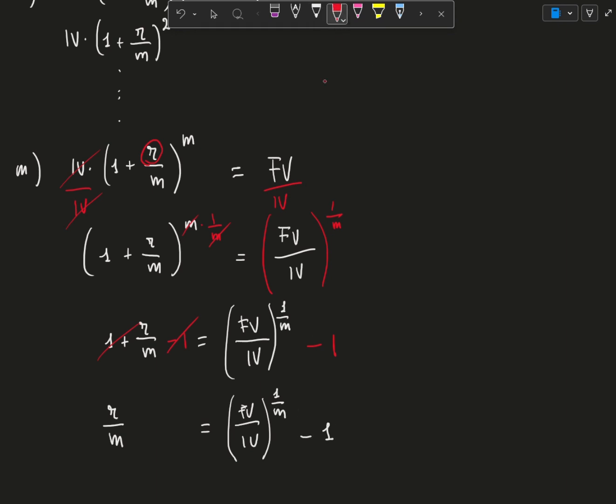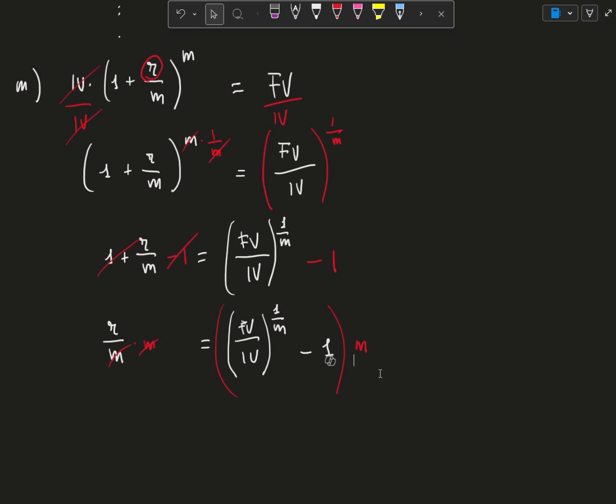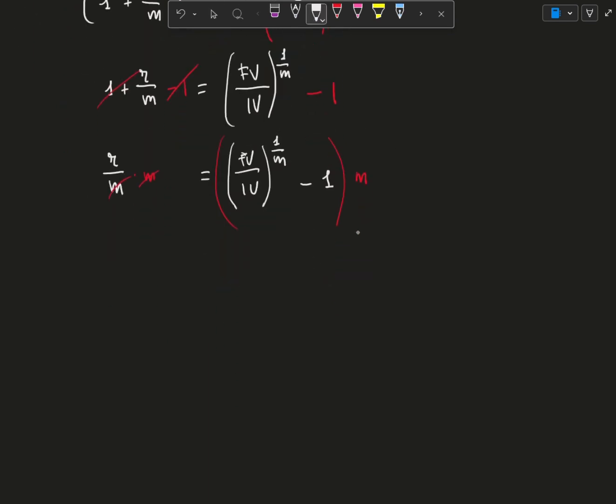And our last act will be to multiply both sides by M, so that we finally have a formula to solve for R, and that will be our final value over the initial value to the power of 1 over M minus 1 times M.